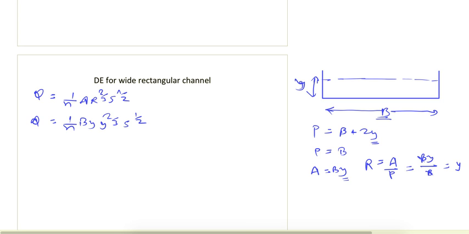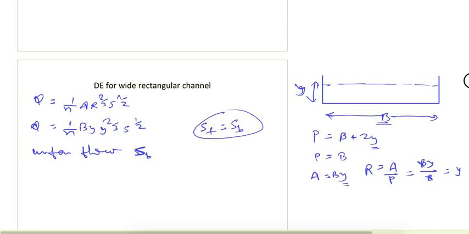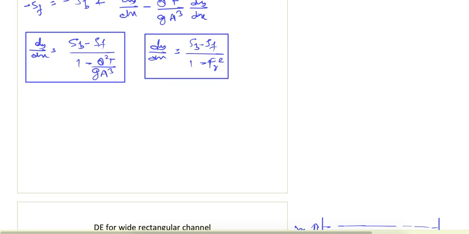Now if I consider a uniform flow, for uniform flow we know that the slope of energy line and bed slope will be equal, and from the above equation also we can say for uniform flow these slopes are equal, so dy by dx becomes equal to 0, and so the depth remains constant.